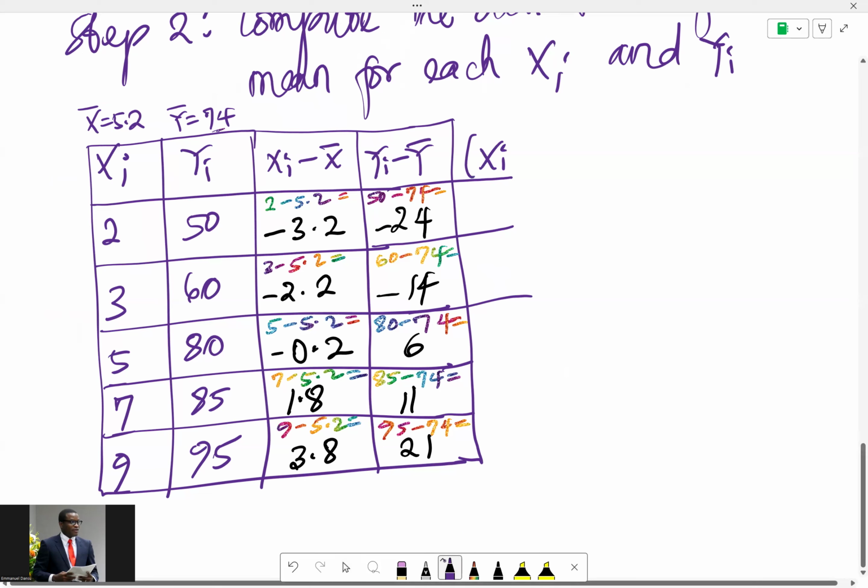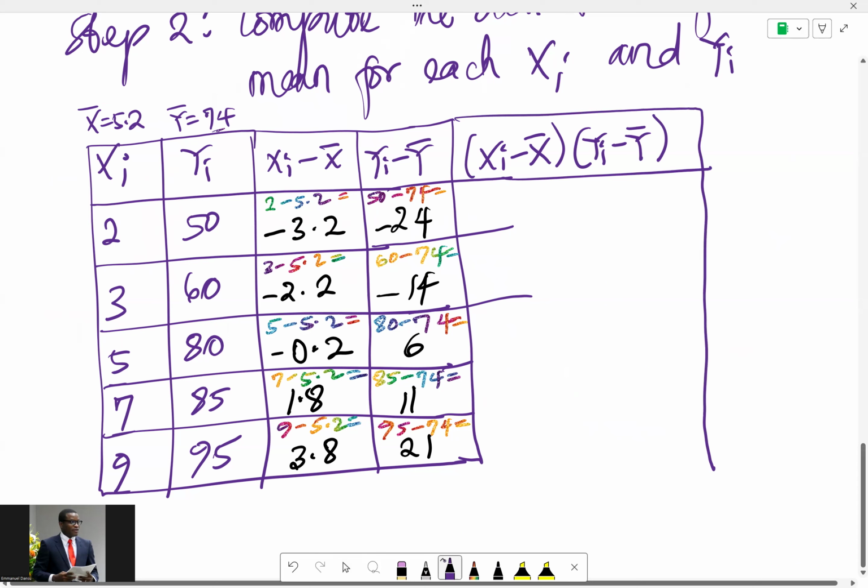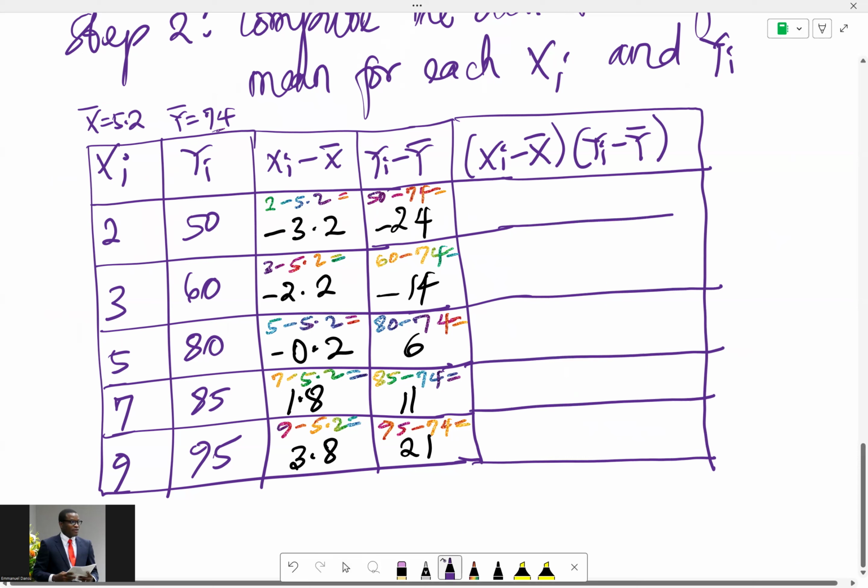So each point here means we're going to have minus 3.2 times minus 24. Then next we're going to have minus 2.2 times minus 14.